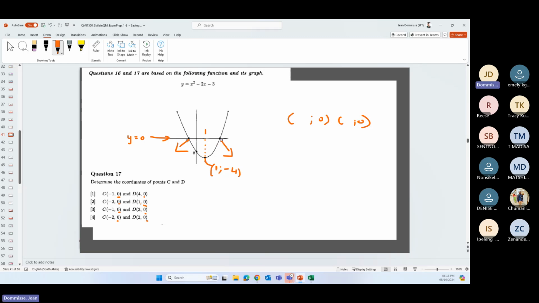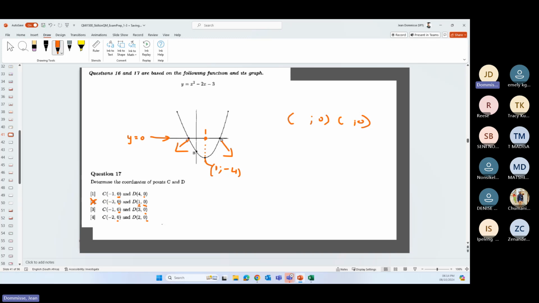My point A was 1 and minus 4, so there's no way point D can also be 1 and 0, because then 1 and 0 is lying there. So just by looking at the graph, I was able to eliminate one of the options.